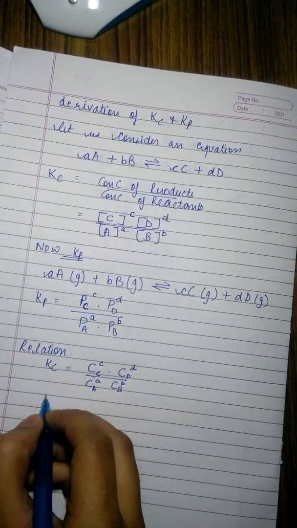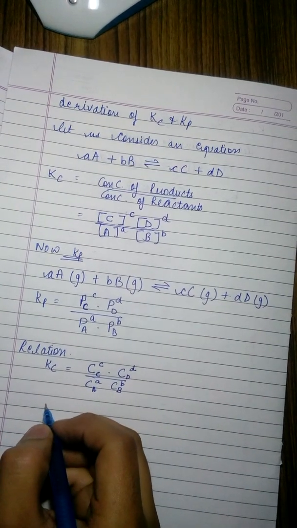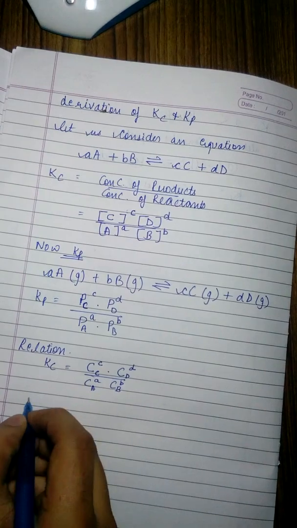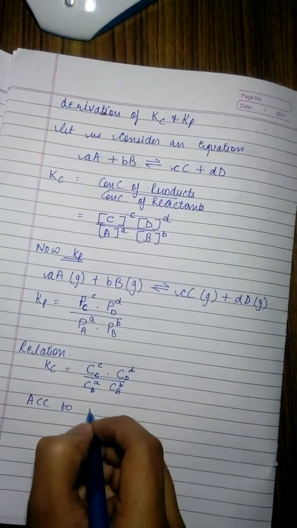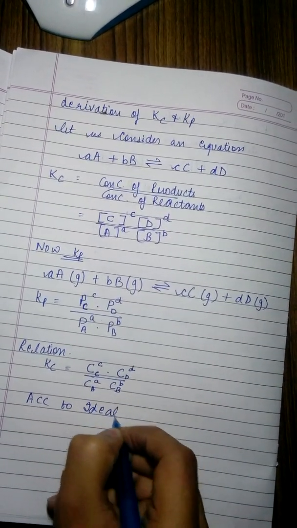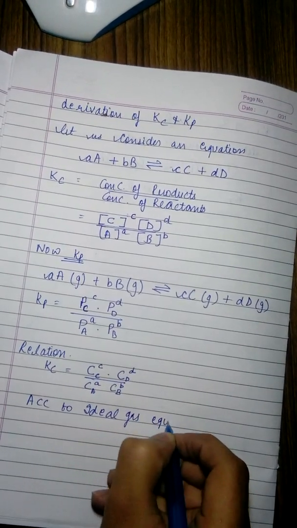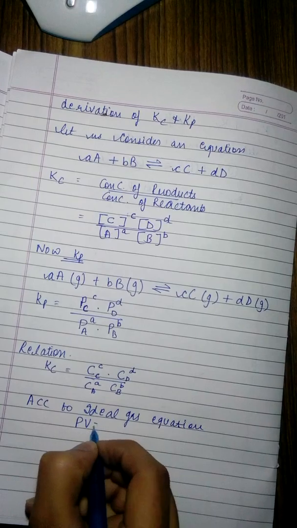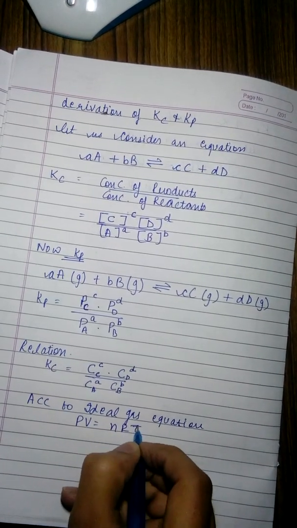Now, according to the ideal gas equation, PV is equal to nRT.